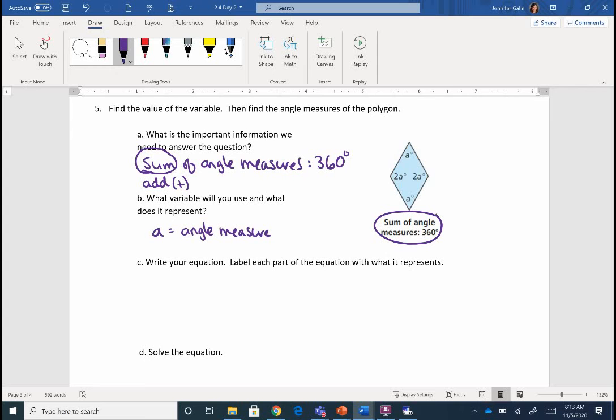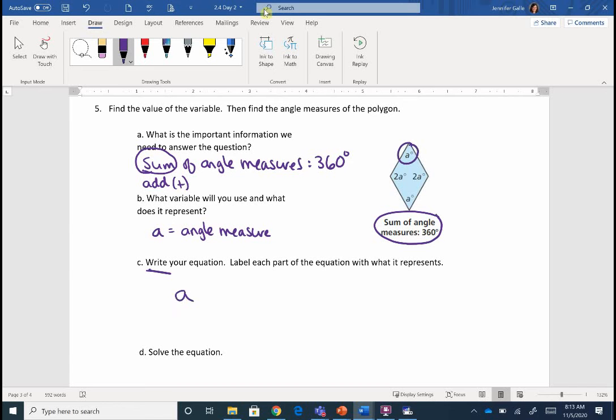All right, so that keyword sum is going to help us write our equation because Sam told us sum means we're going to add. So what that keyword, it says sum of angle measures. Let's put the word add in there. Add the angle measures. We should get 360. So I'm going to start up at the top.